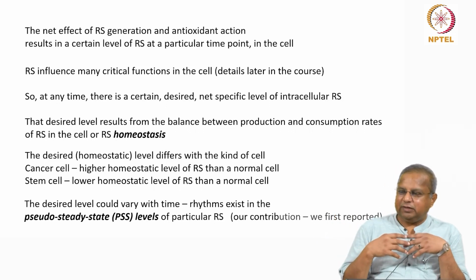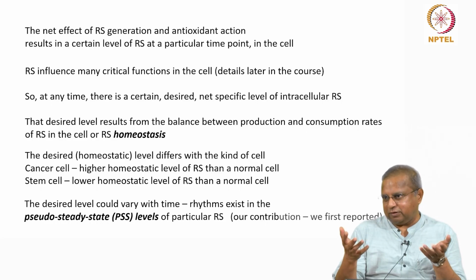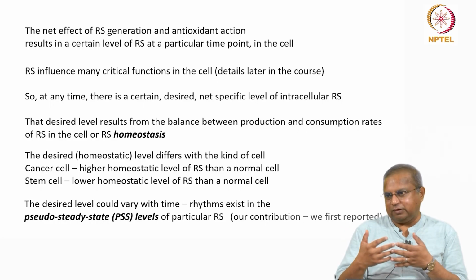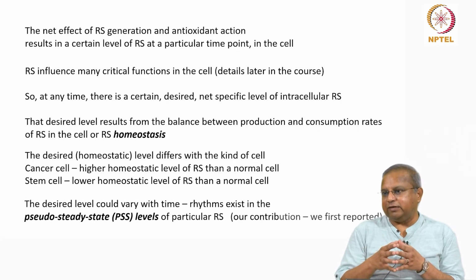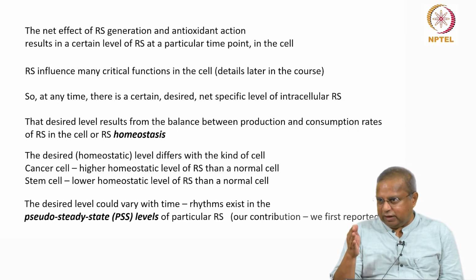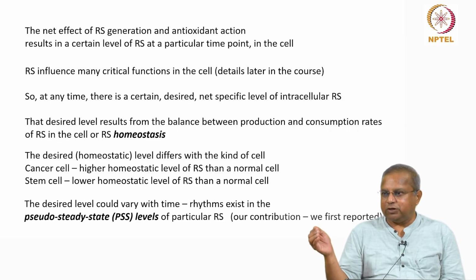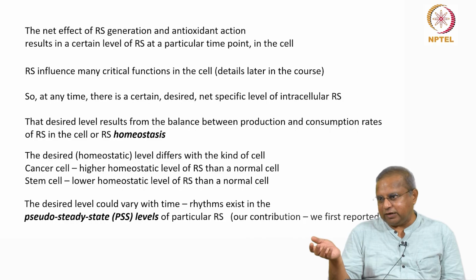So far we have been seeing that the reactive species are bad for the cell, which is certainly true, and is the more popular view. But they have an essential role to play in the functioning of the cell. So the level that enables a proper functioning of the cell is called the homeostatic level.